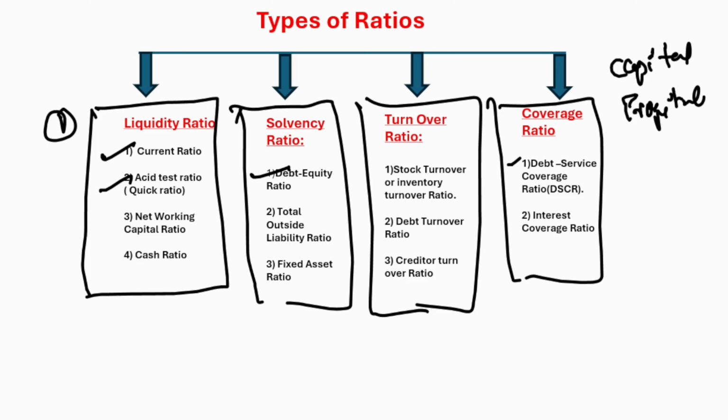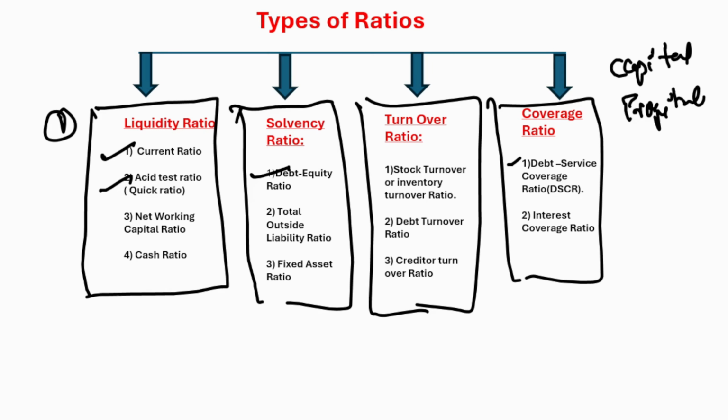That is the solvency ratio. Turnover ratio, how the firm is doing, meaning how the sales are going on, all of this is calculated here. Coverage ratio, the main one is the debt service coverage ratio. Suppose a person comes for a loan, how can he repay? We calculate expenses and decide one ratio. That is the debt service coverage ratio.